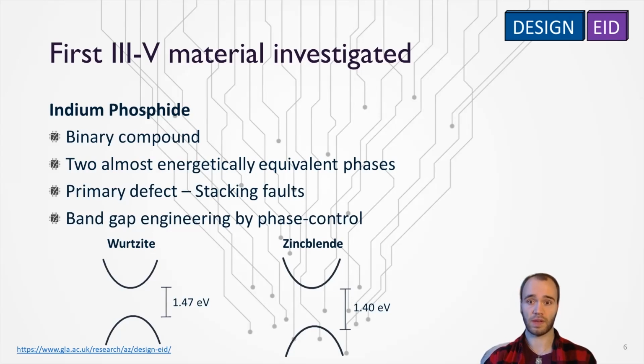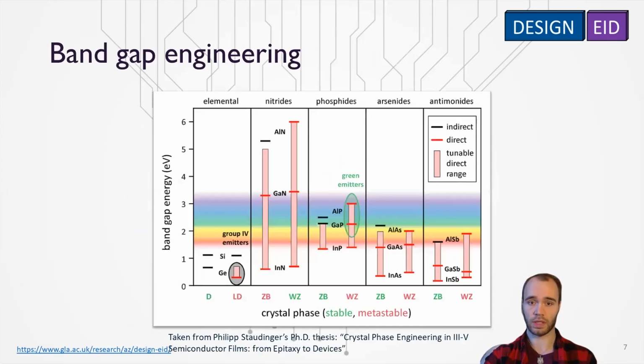Controlling the zinc-blende and wurtzite phases becomes even more interesting when working with ternary or quaternary compounds. As you see on the graph shown here, the metastable wurtzite phase often has a direct bandgap in the entire composition range, as opposed to its zinc-blende phase. This opens up the possibility of having efficient emitters in the green gap, which is the overall motivation for controlling this phase.